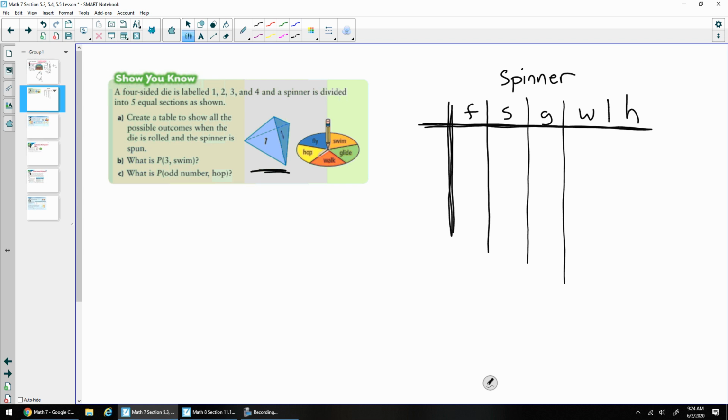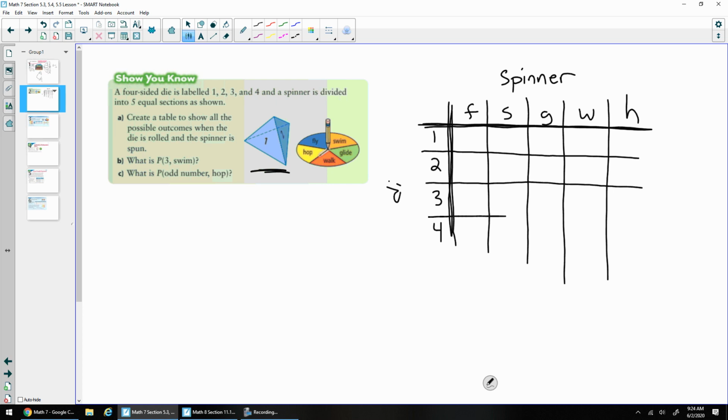On the other side of our table, we have our die, which is a four-sided die, and there are only outcomes of 1, 2, 3, and 4. Now when I make these lines separating these outcomes as well, I get all of these sections.